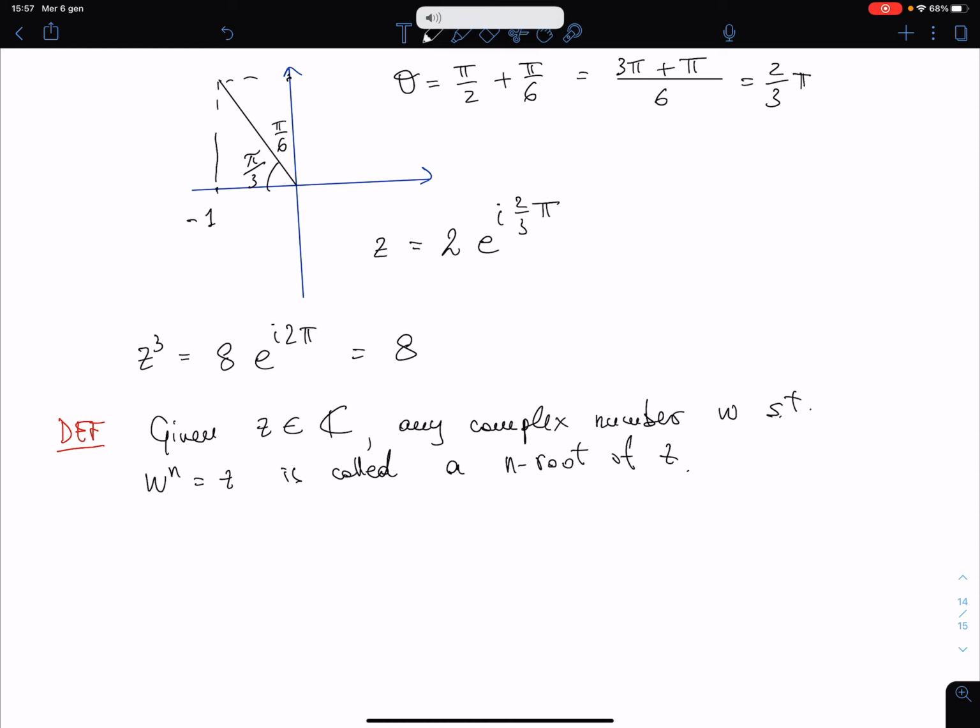And now we can give a result in the form of a theorem.